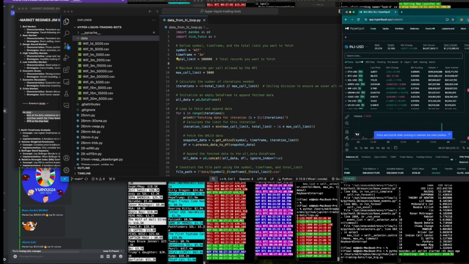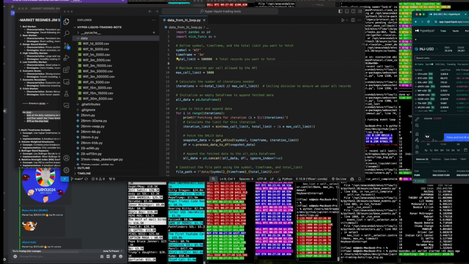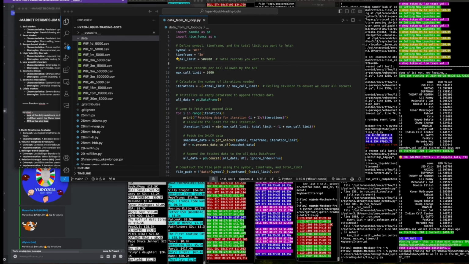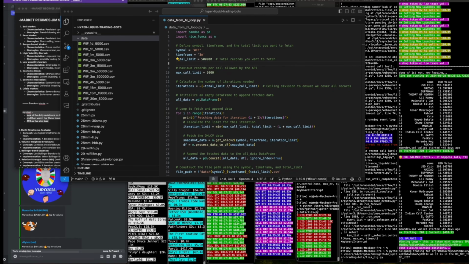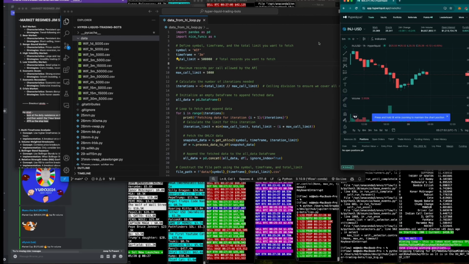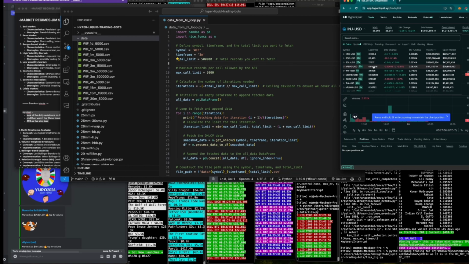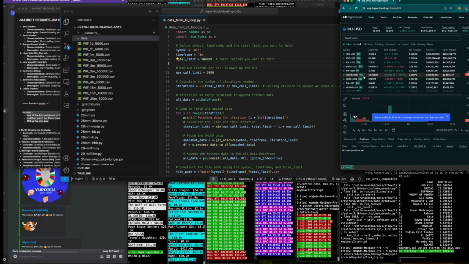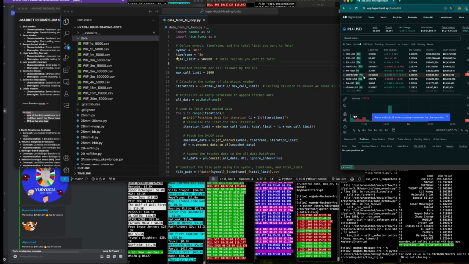Here are all the tokens available. Okay, so we have all these options here: Pepe, WIF, kBONK, Doge.